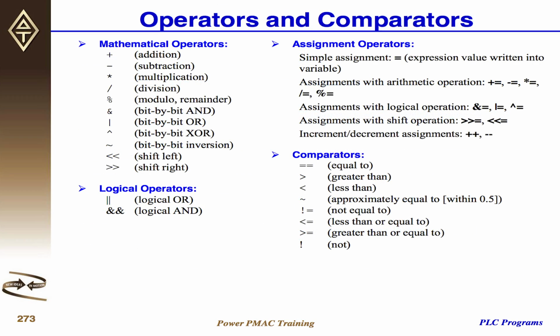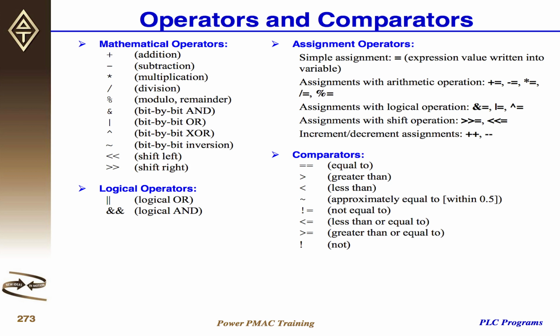So in PLCs and motion programs, we have standard operators and comparators that you use in programming. So mathematical operators such as arithmetic operations like addition, subtraction, and so forth. But we also have logical operations: bit by bit and, or, exclusive or, and inversion.